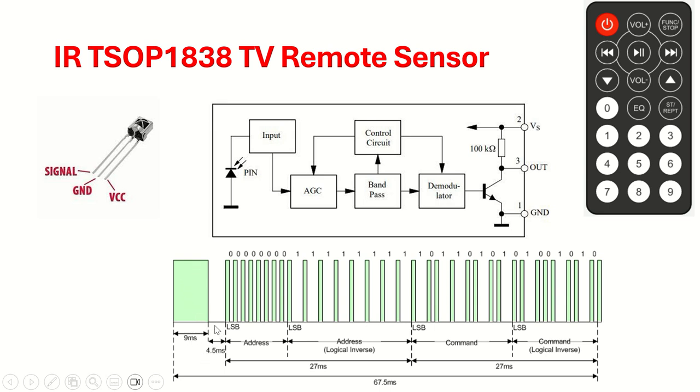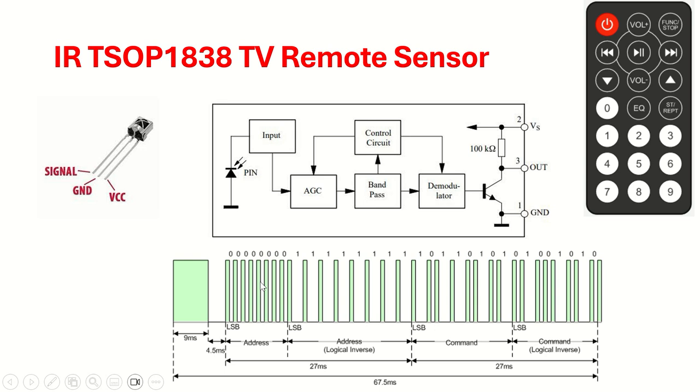If you look carefully, there is a big pulse of 9 milliseconds, and then half of it, a 4.5 millisecond low state, and then a bunch of 8 pulses called the address, another 8 pulses called the address logically inverted, meaning opposite to this. Then another 8 pulses, the command, and the command logically inverted.